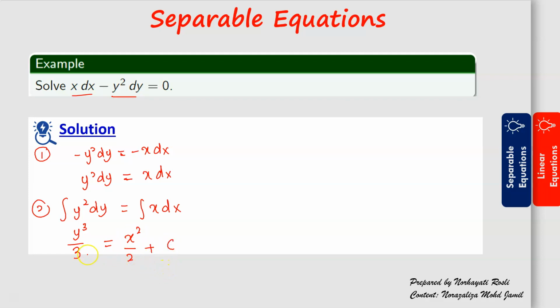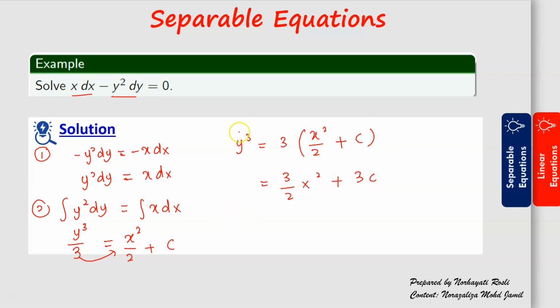And then, class, again, we need to write this equation with y as the subject. When we move this 3 to this side, I will have y to the power of 3 equal to 3 times x to the power of 2 divided by 2 plus c. So we will have 3 over 2 x squared plus 3c.